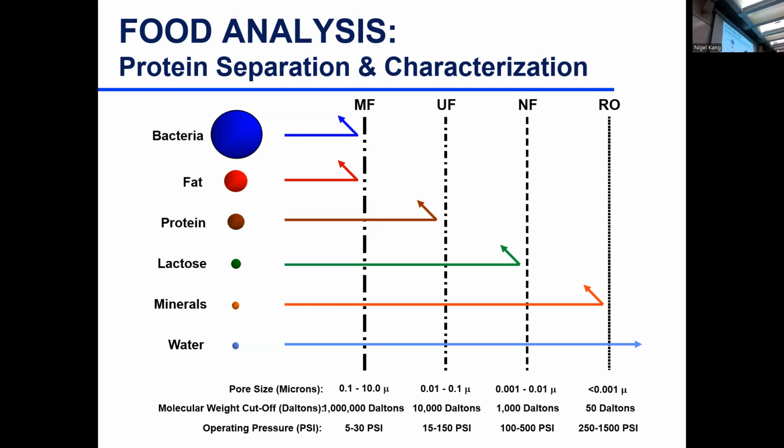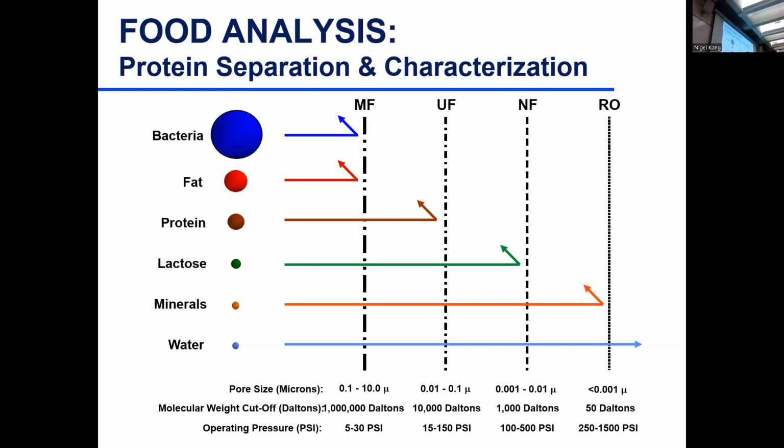So if we use membrane filtration, since the pore size is about 10 to 10,000 nanometer, then what is retentate is bacteria and fat globules, and proteins, sugars, vitamins, minerals can pass. So fat globules and bacteria remain as a retentate phase. The rest can pass through the membrane.